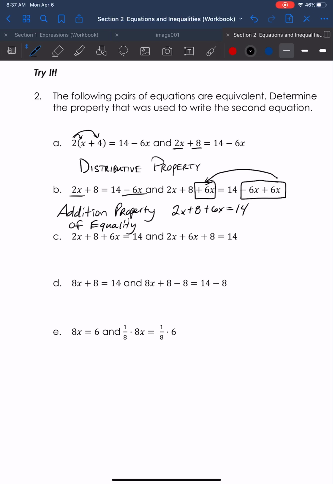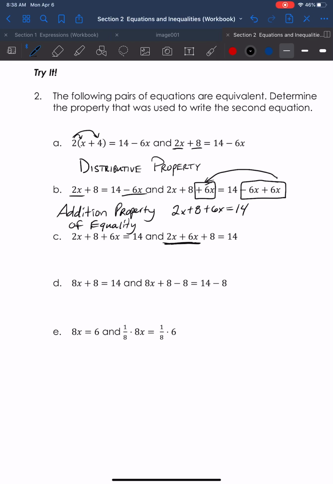All right, then we move on to C. All right, C, we notice that we have 2x plus 8 plus 6x equals 14 on the left-hand side. And then on the right-hand side, we have 2x plus 6x. So they decided to get these x's closer together.